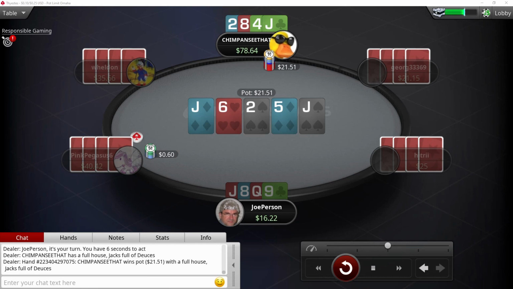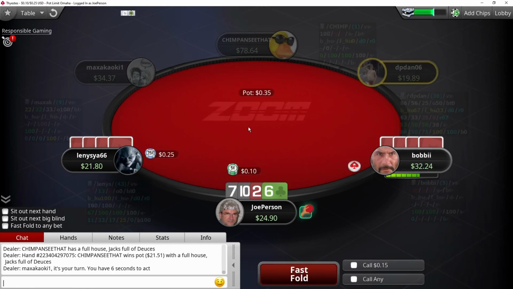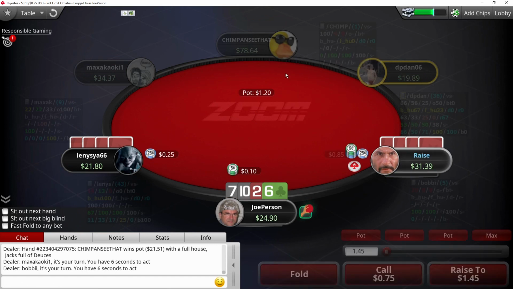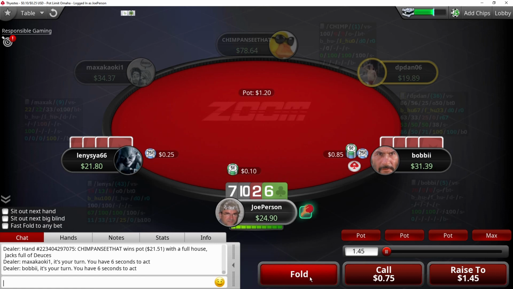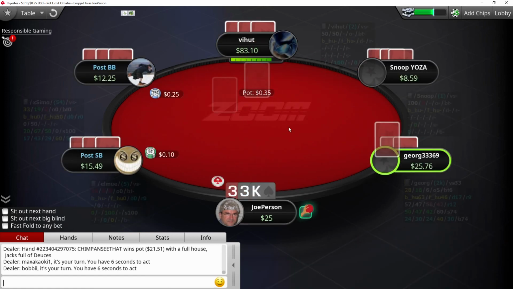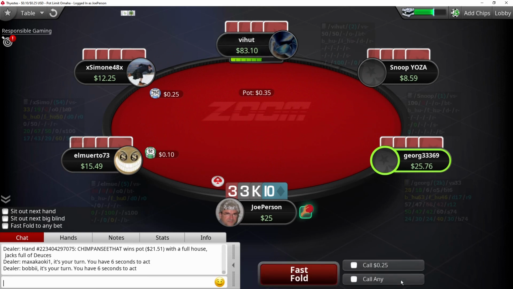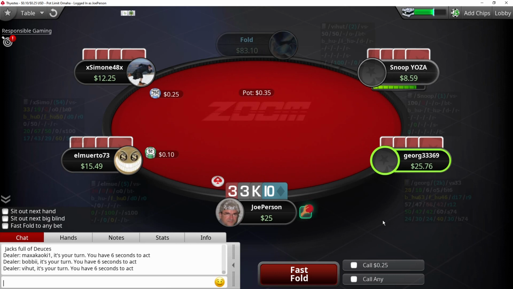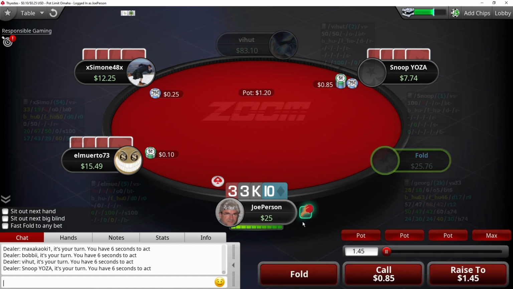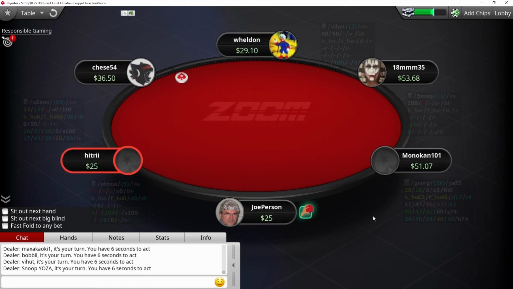And just unlucky for us that the river paired. So that was a weird donk bet on the turn. He had the 8-4 blocker, but still, versus his range we had decent equity, and then the river is just unlucky for us.